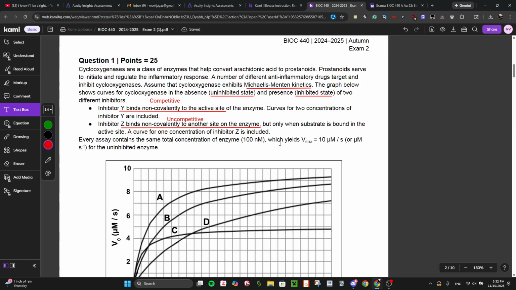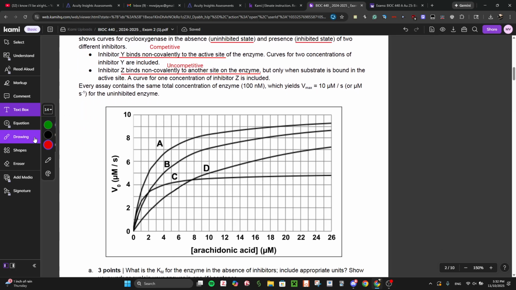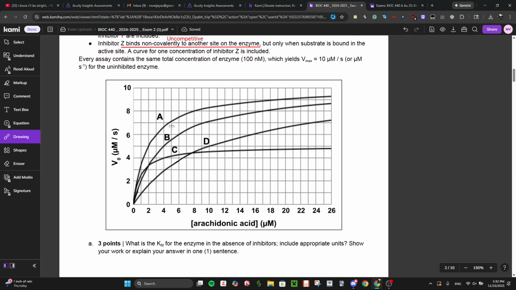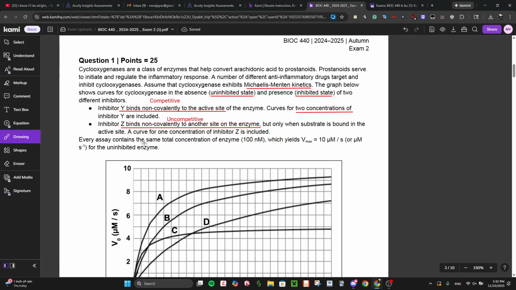Based off of that, I should be able to come over to this curve and make some kind of inferences of what I should expect. So this says I have two concentrations of inhibitor Y, and inhibitor Y was competitive, right? And so I'm expecting to see an increase in Km for two of these curves here. If we look at this graph, it says that the concentration of the enzyme is 100 nanomolar, and then we've got a 10 micromolar per second Vmax.